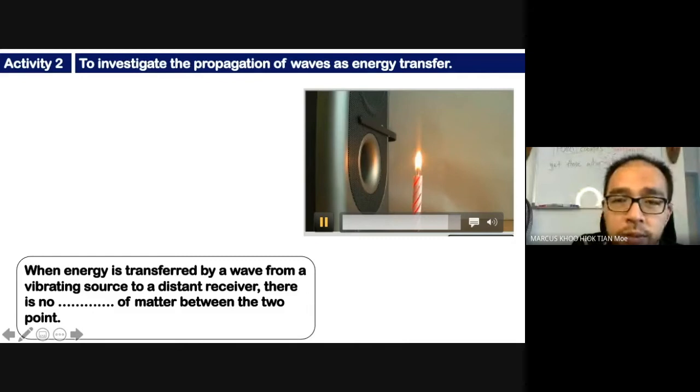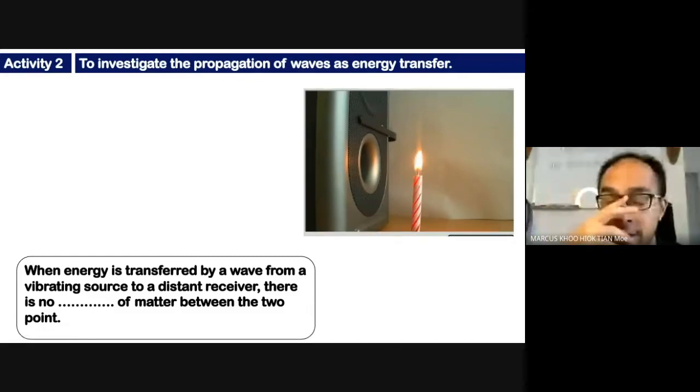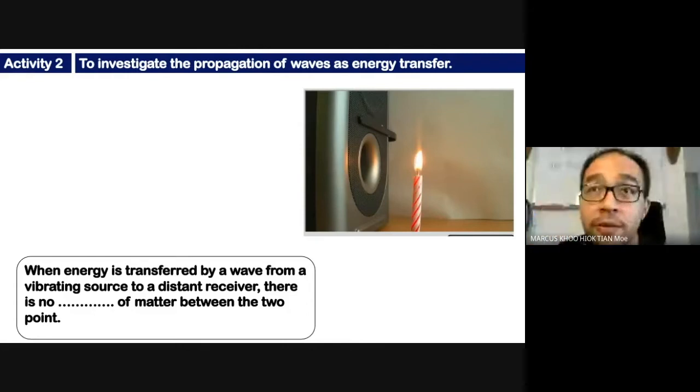The most obvious thing is that you'll find that as the sound waves are produced, the candle is flickering. If you've ever stood in front of a huge speaker, you would also feel the same thing. Not that you will flicker, but you can feel that energy.